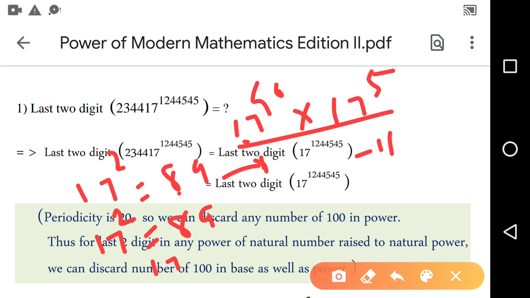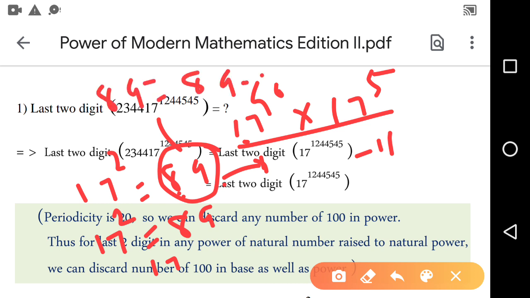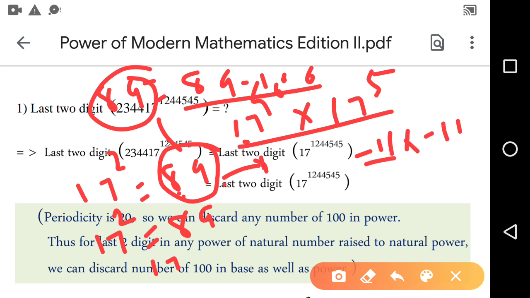Modulo 100, 89 is congruent to minus 11, since 89 minus 100 is minus 11, so we can replace it by minus 11.